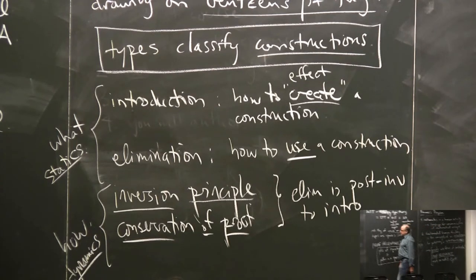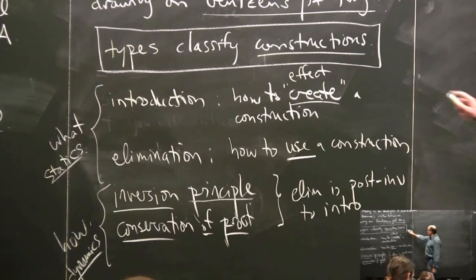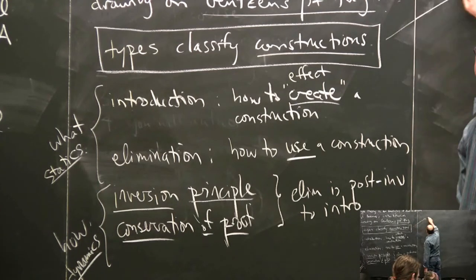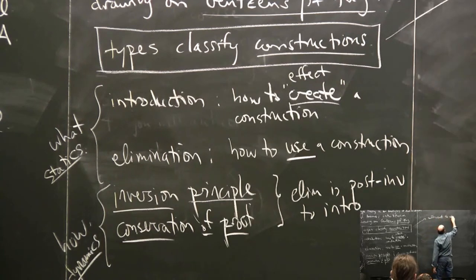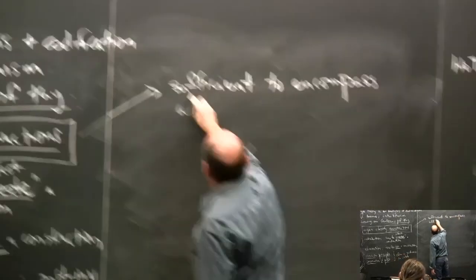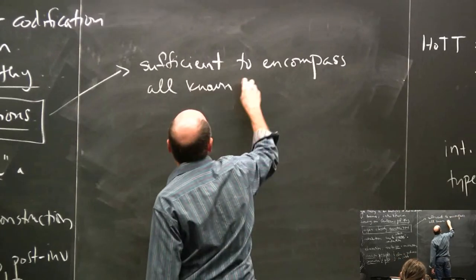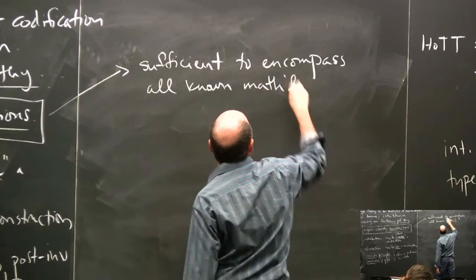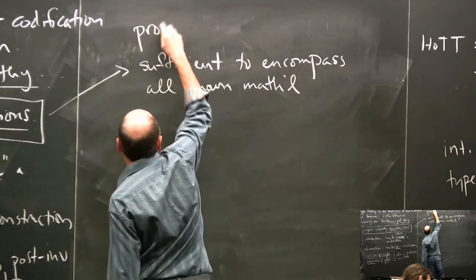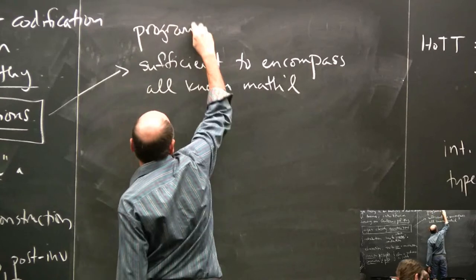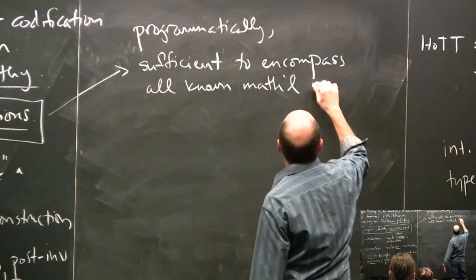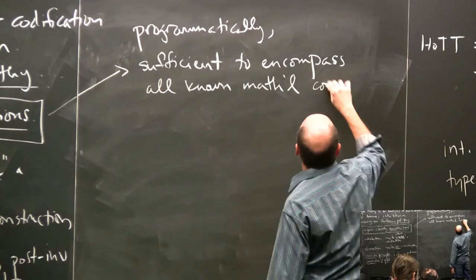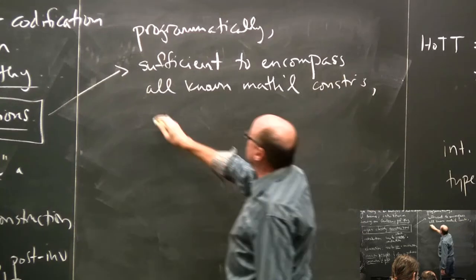Now, the key thing when you classify the notion of constructions is that it's sufficient to encompass all known mathematical activity, or at least that's the program. That is what the intention is: all known mathematical arguments and constructions, in particular forms of proof.